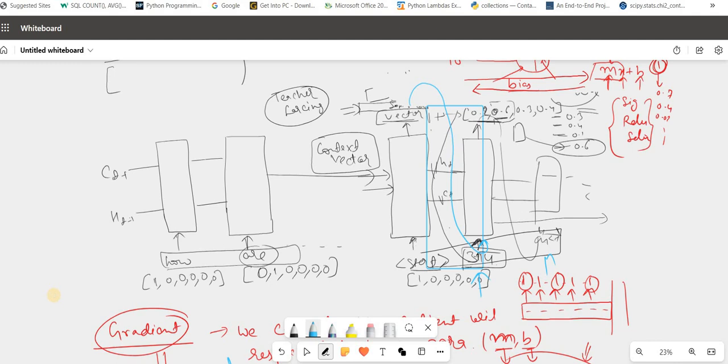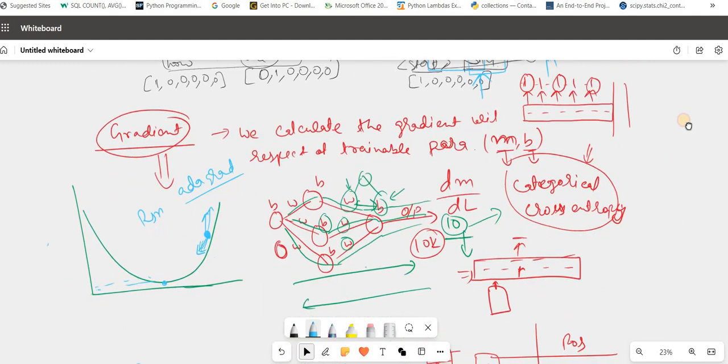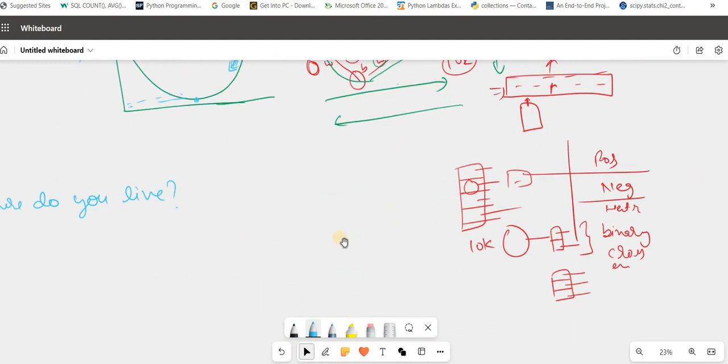Only the HT and CT, those two things, you will pass on. But whatever output comes, you will not give to the next timestamp of the LSTM. Here I will give my original data. That is called the teacher forcing concept. Why? Because if this output came out wrong, and I give it as input to the next timestamp, it is going to hamper the entire training. It will make the context wrong for everything.